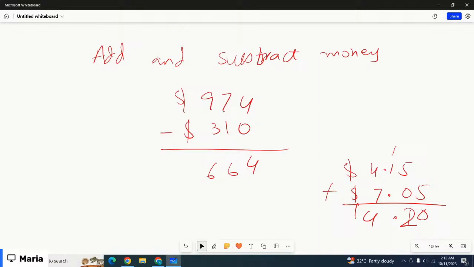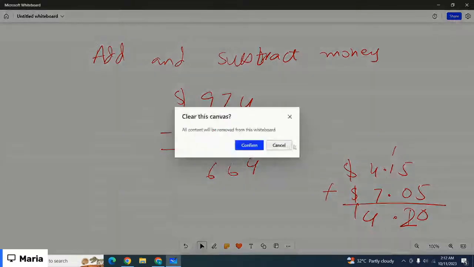Okay, let's do another example. The other example is you have to subtract 6.64 minus 6.12. So how do you subtract? Which is the correct option?